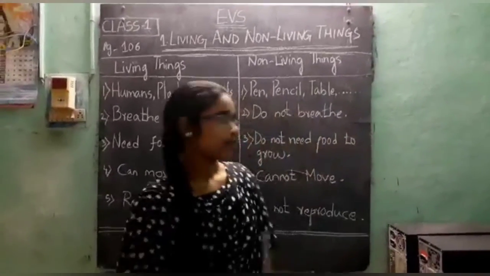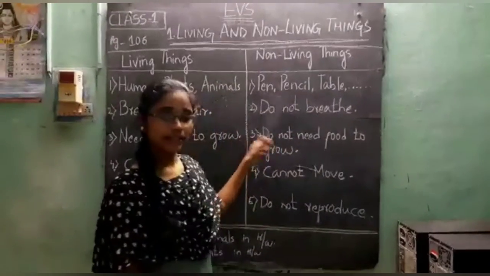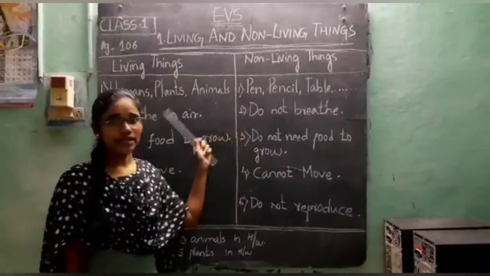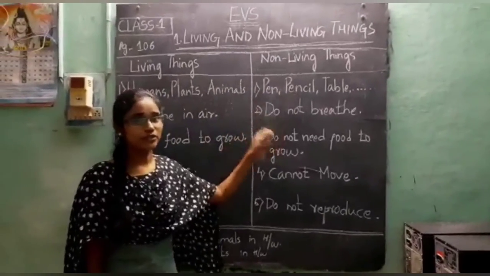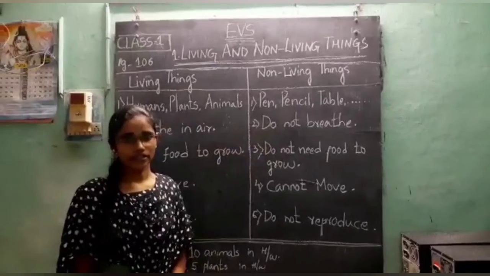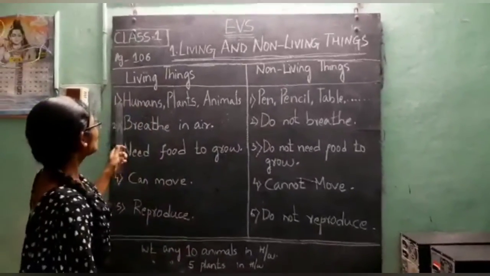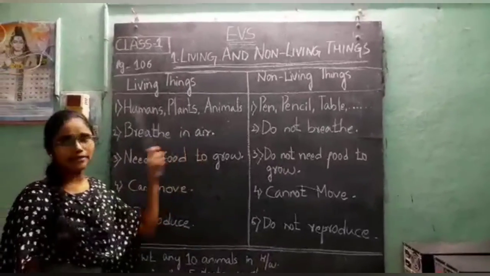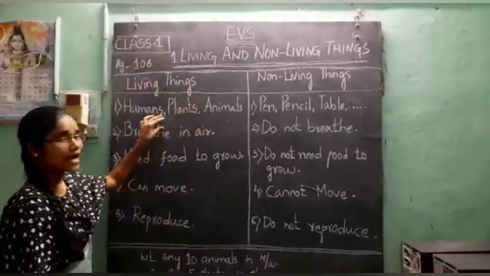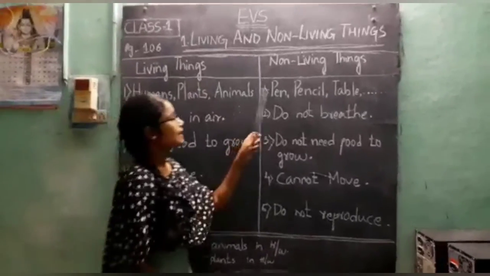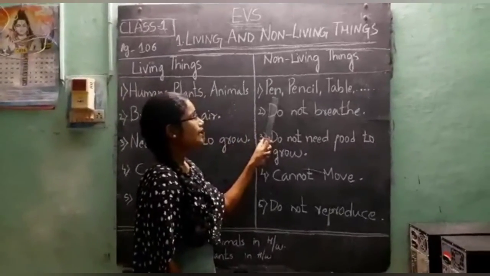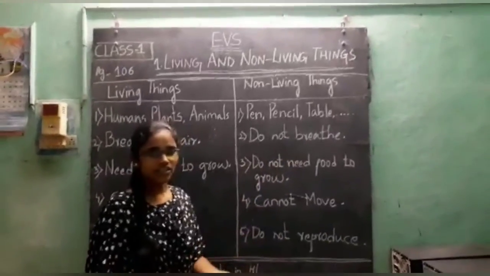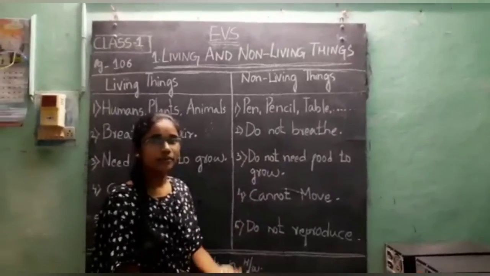So children, now let's see the differences. I'll explain it in this way, orally. The first point: humans, plants, animals are called living things. The non-living things are, for example, pen, pencil, table, chalk, duster, chair, benches.